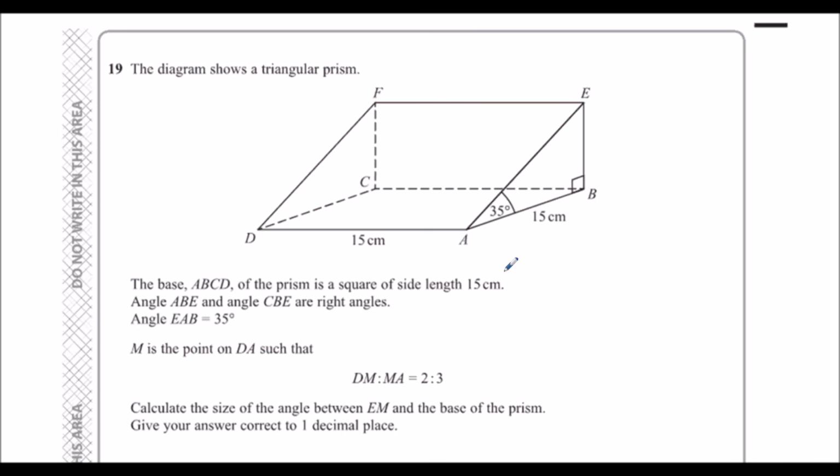So the length is 15, so let's work that out now. We've got 5 parts here, so each part is 3 centimeters. So D to M is 2 3s, and M to A is 3 3s. So we've got a point here, we've got 9 centimeters and 6 centimeters.